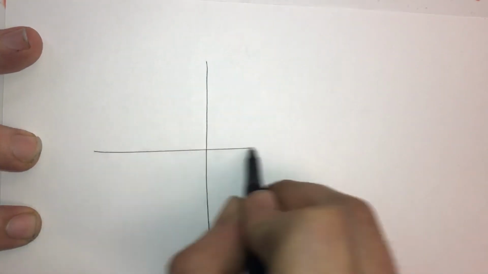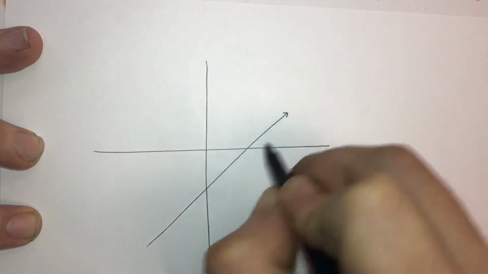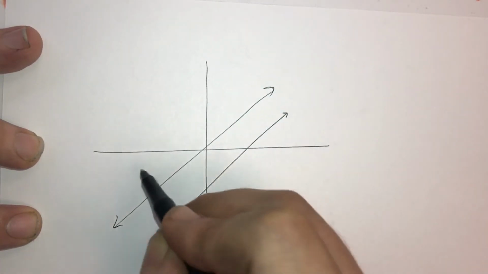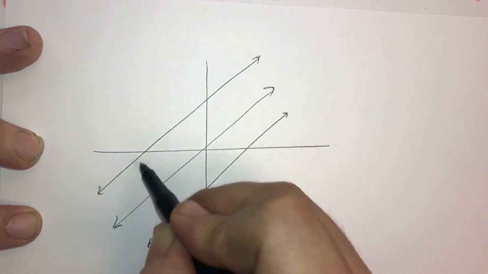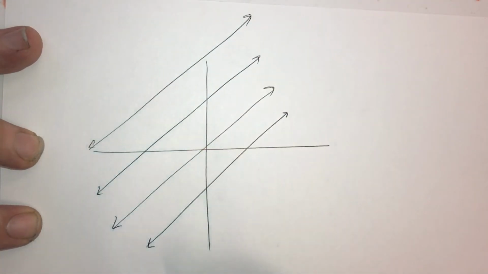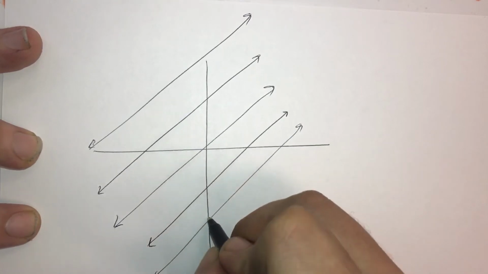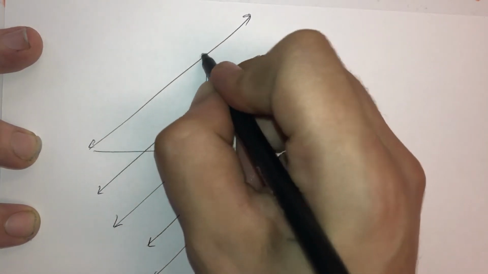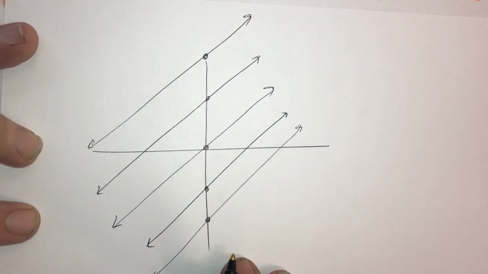So what does that look like? Well, here's a coordinate system really quickly. Here's a line. Suppose this line has the same slope, but a different intercept. This line, same slope, different intercept, etc. So all these lines have the same slope, but they have different intercepts.